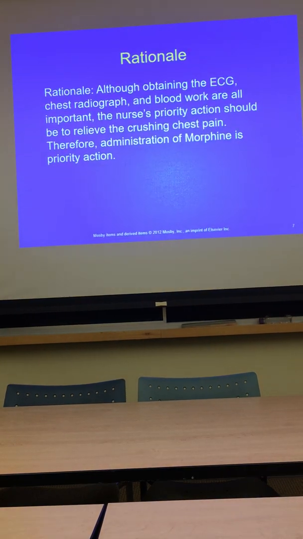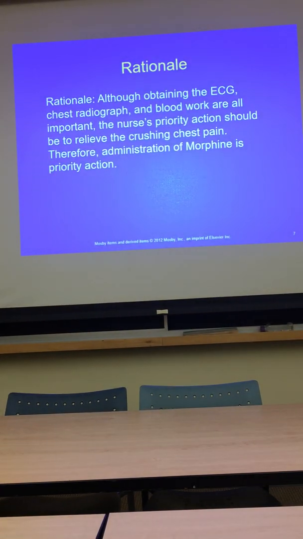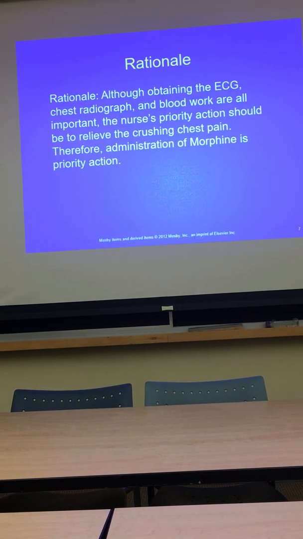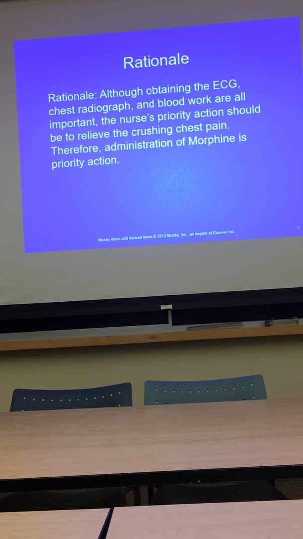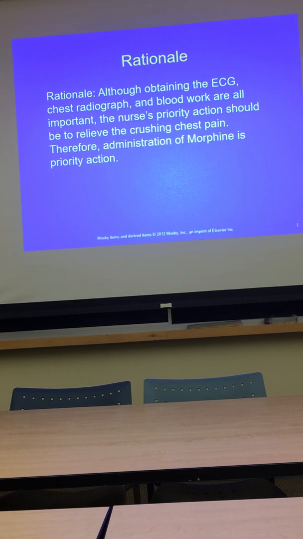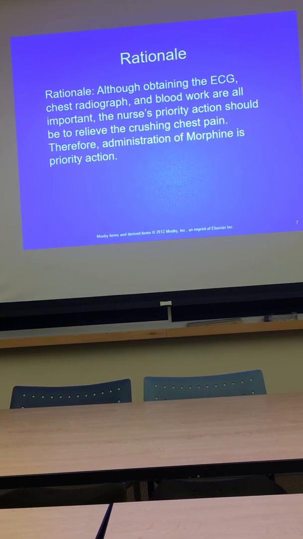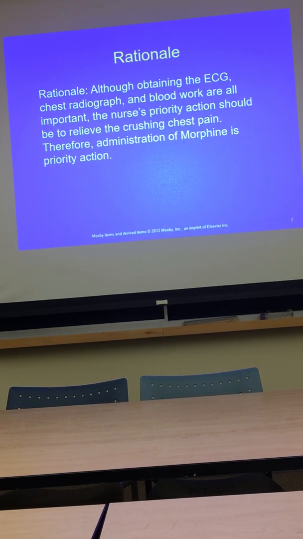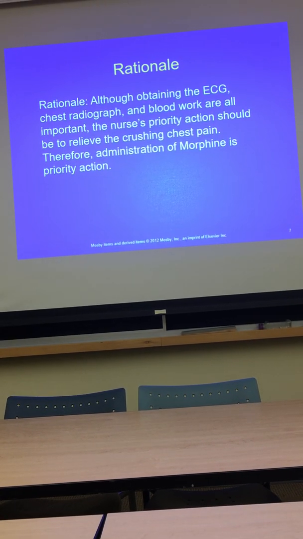Let's look at the rationale. Although obtaining an ECG, chest radiography, and blood work are all important, a nurse's priority action should be to relieve the crushing pain of the chest. Therefore, administration of morphine is a priority action.